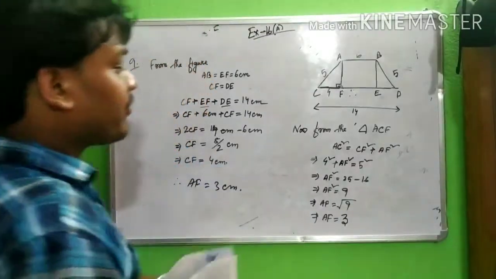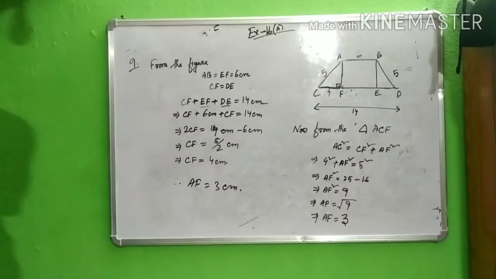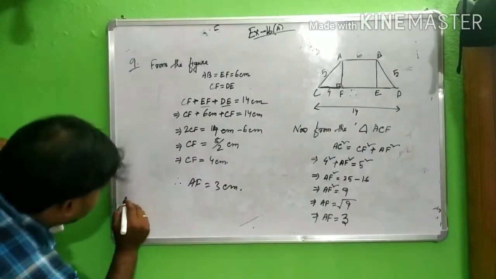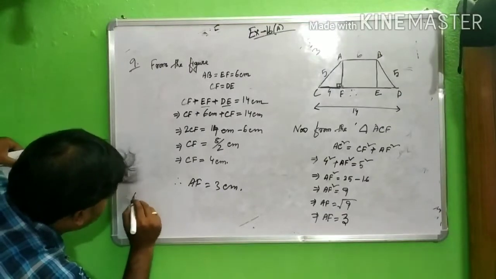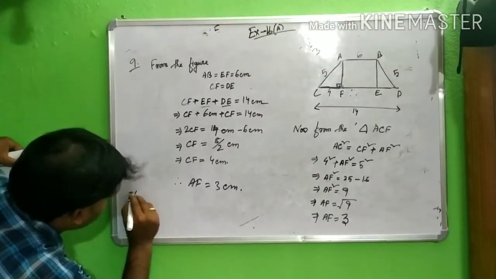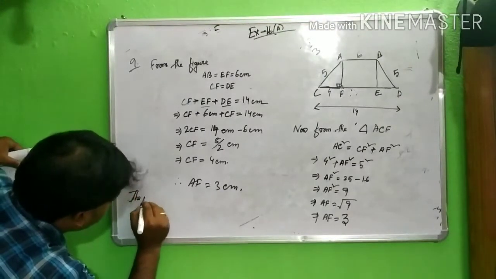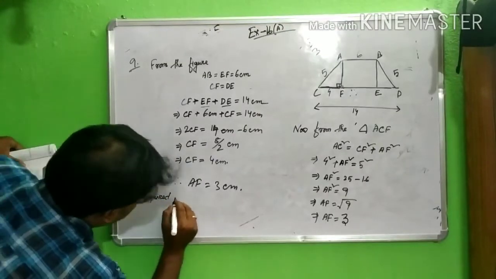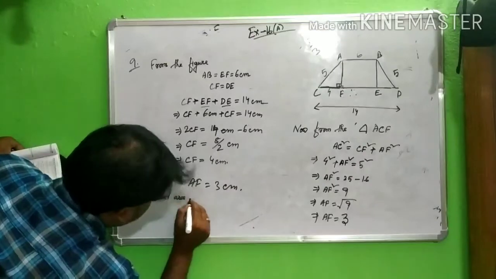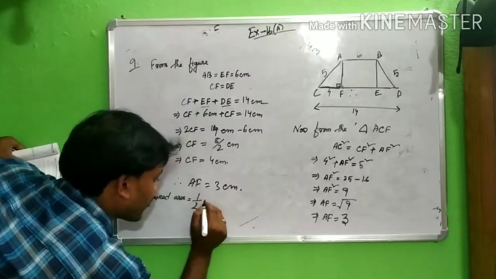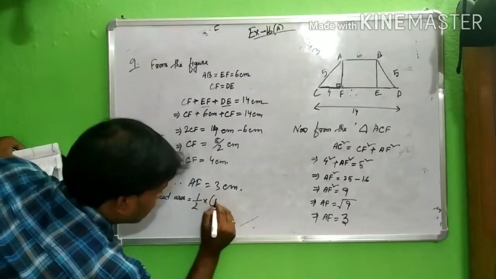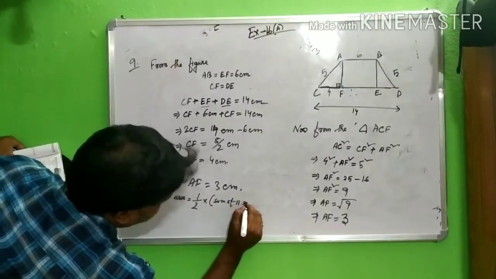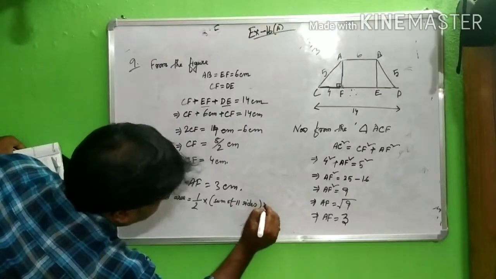Now we can easily find the value of the area. So what is the area of the trapezium? Therefore the required area equals half into sum of parallel sides into height.